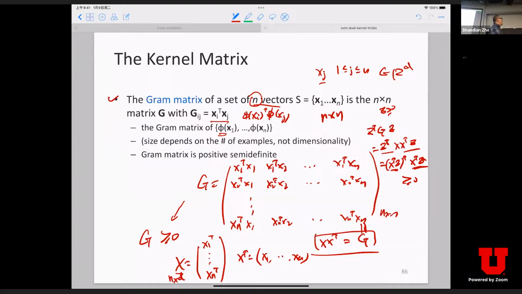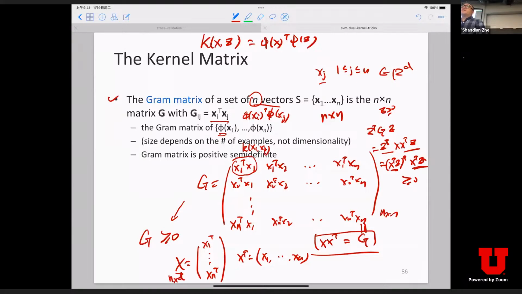So now let's go back to any kernel function candidate. Imagine that K really corresponds to some feature mapping and dot product, really corresponds to phi X transpose phi Z. If it corresponds to that, then that means your Gram matrix, every element can be represented or replaced by the kernel function evaluation at the two corresponding feature vectors.